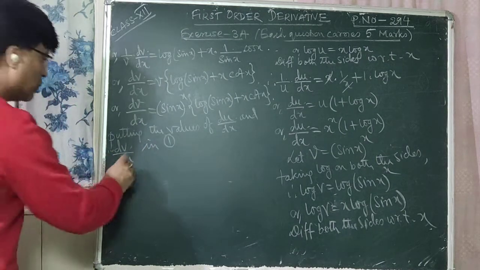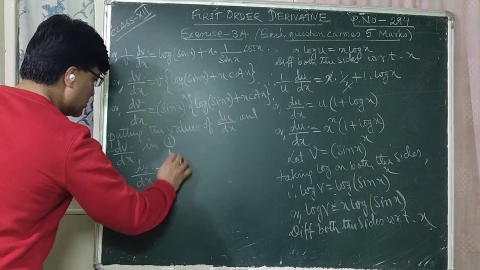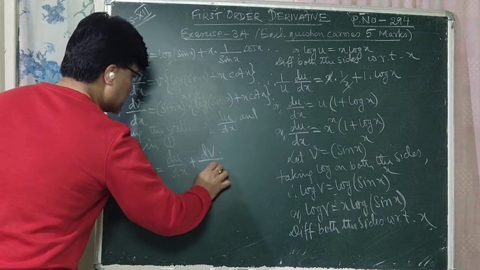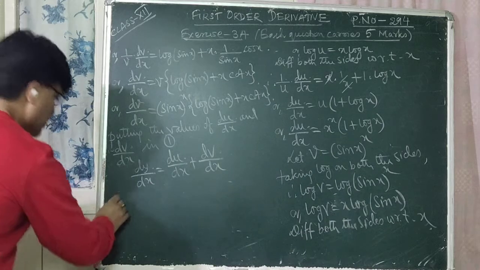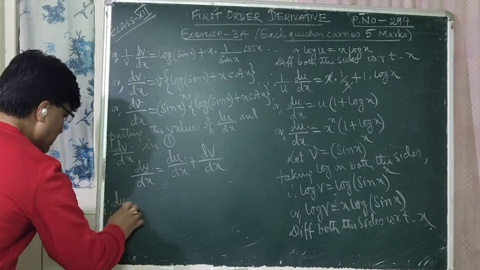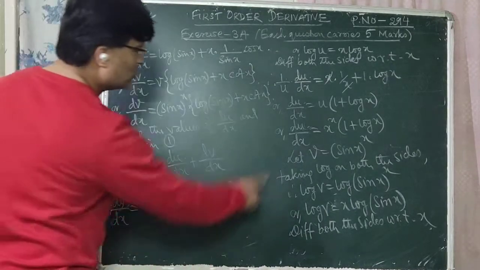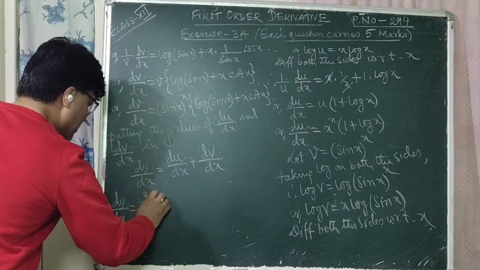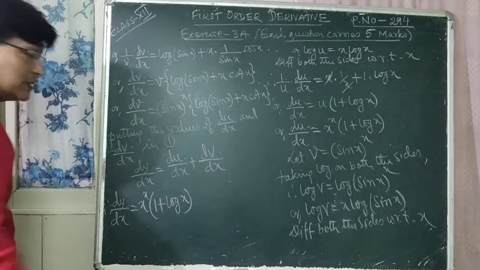What was number 1 there? It was dy by dx is equal to du by dx plus dv by dx. So let us put the values here. Therefore dy by dx is equal to, what is du by dx? This is du by dx, isn't it? That is x to the power x within bracket 1 plus log x, right?